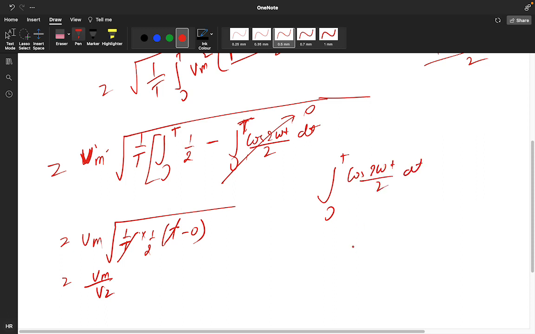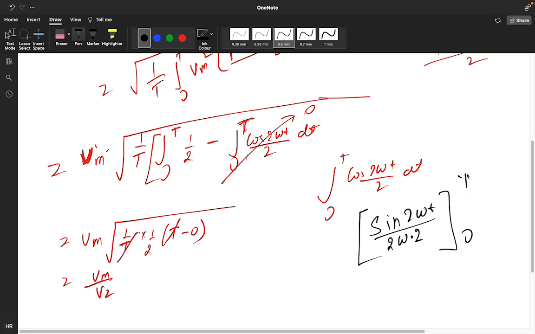What is the integration of cos 2 omega t? Sine 2 omega t, divided by 2 omega, so the denominator becomes 4 omega, evaluated from 0 to T.